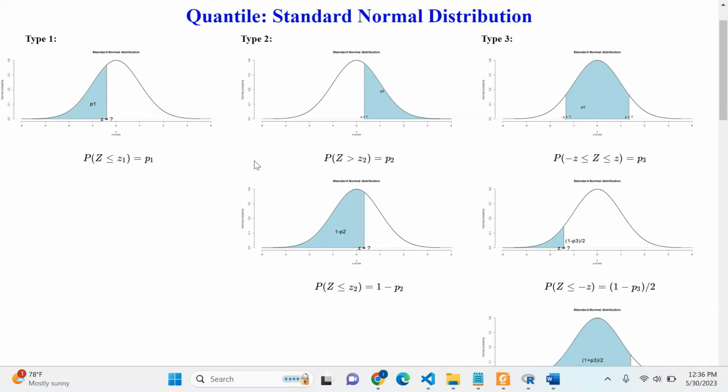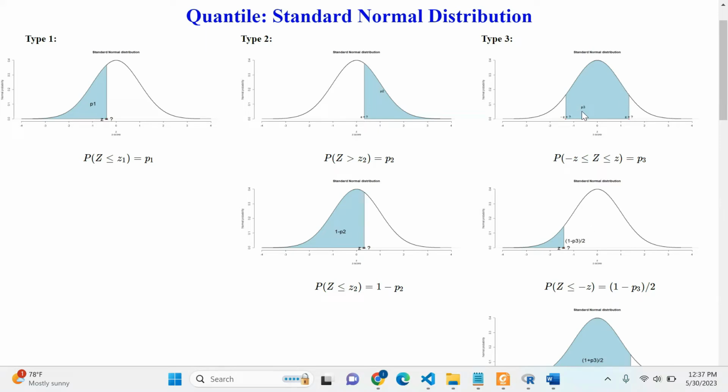This is left tail. So this is right tail. Here we simply take the complement of this probability P2, that is 1 minus P2. If we consider the quantile corresponding to this probability 1 minus P2, this will be the same quantile as this. So this right tail quantile is changed to a left tail quantile without changing its quantile value.